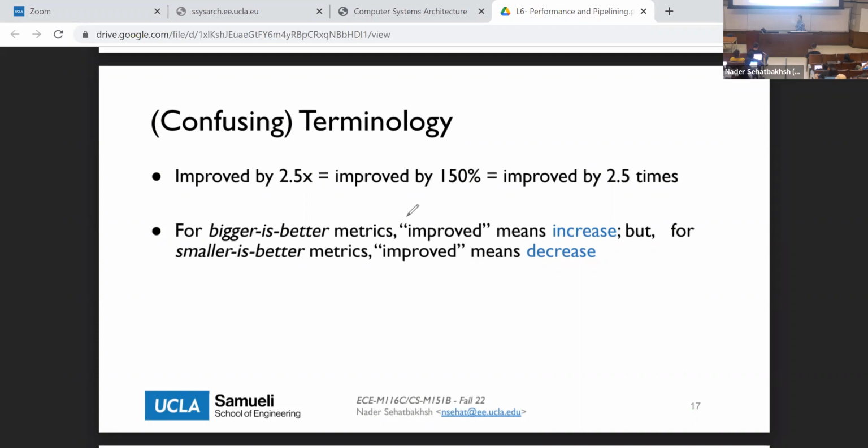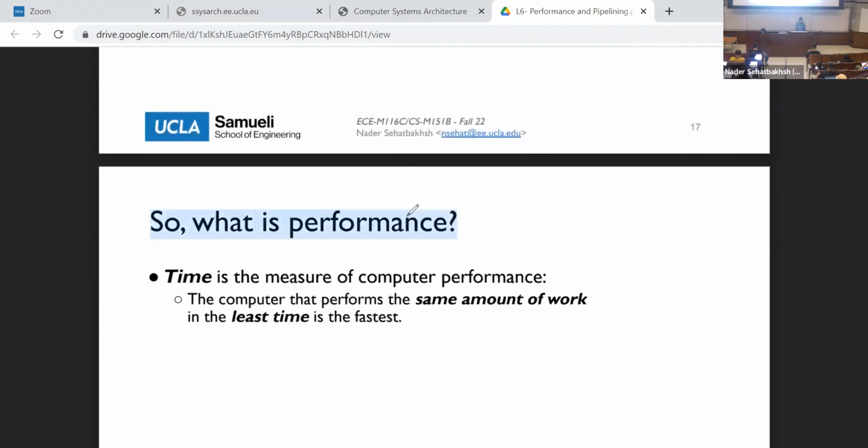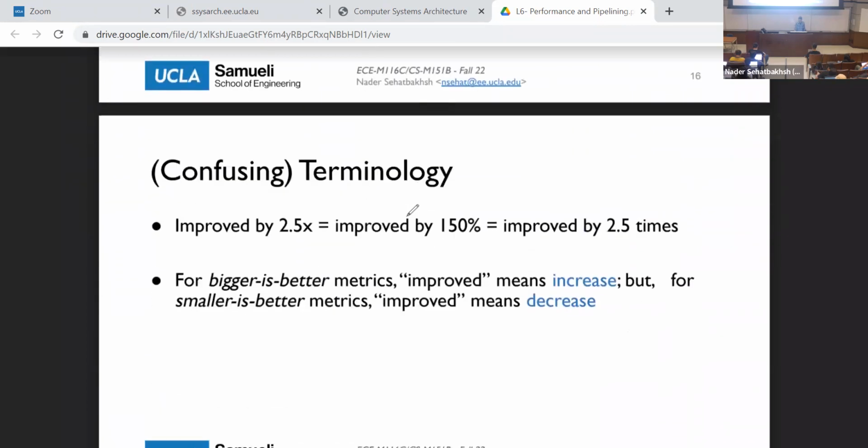If I say that by this technique I improved my latency, it means I reduced my latency. So the word improve means to improve the quality of our system depending on the metric. If lower is better for the metric, then improve means decrease. So don't be confused by this word. Now let's continue.